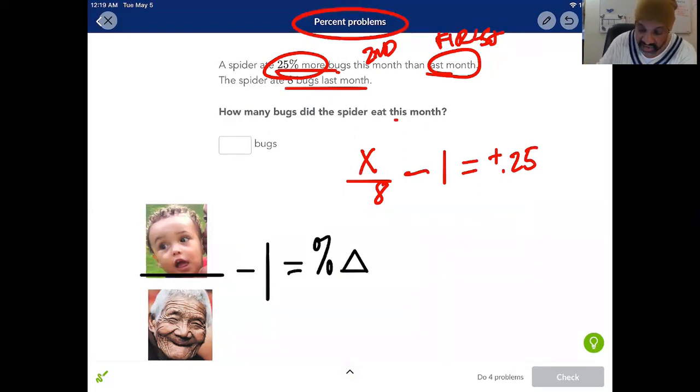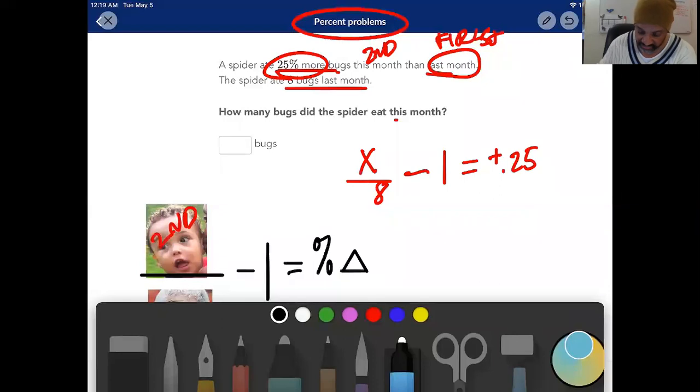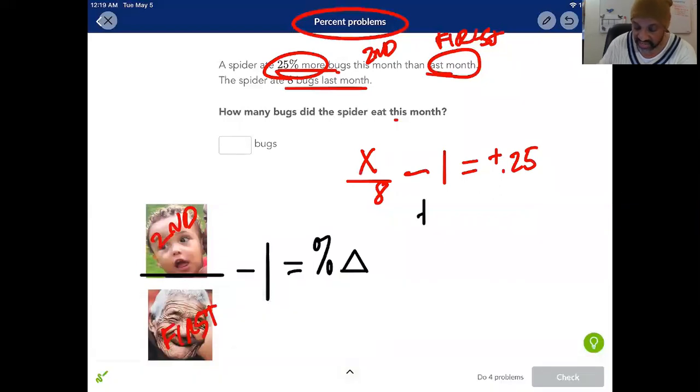Now, again, our first number was last month. That occurred first. This month is our second, and that's what we're trying to find. So now all you're going to do is solve for X. You're going to add 1 to both sides, right? These are going to cancel. This is going to be $1 plus 25 cents, so this is going to be 1.25.